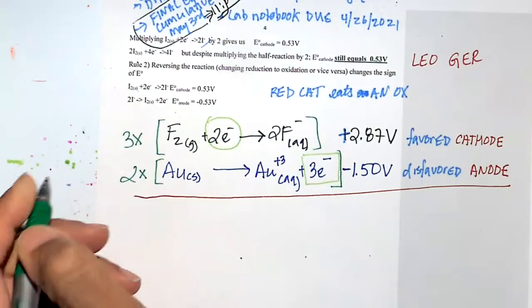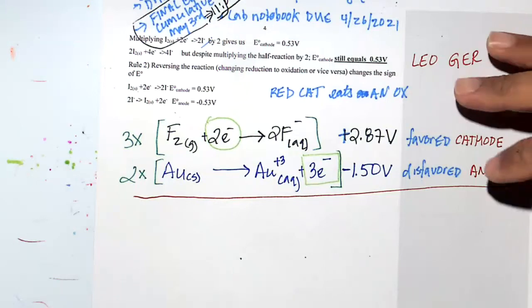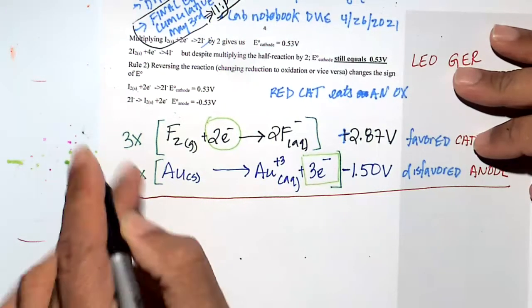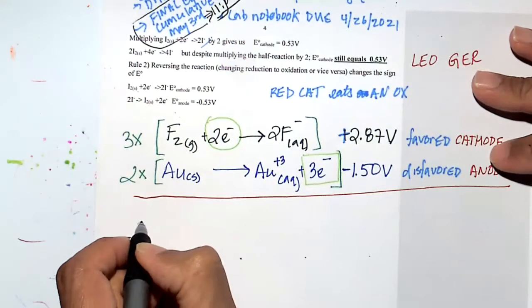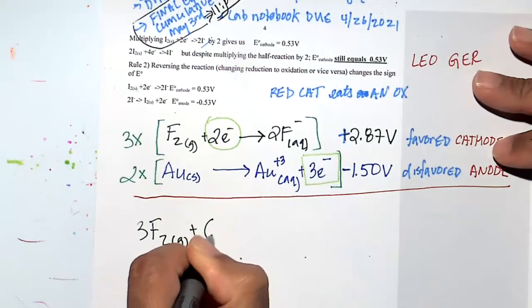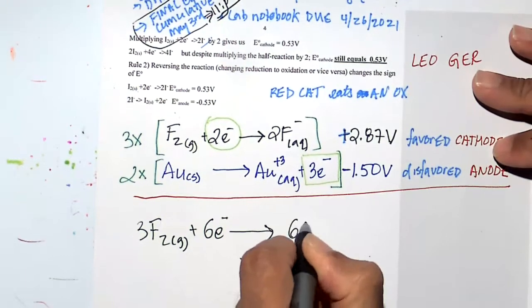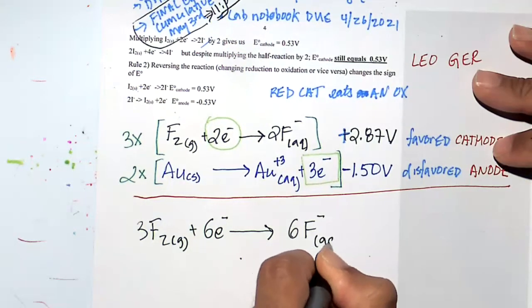Everyone see that? This is what you'll have to do on an exam or on your homeworks. So let's rewrite this now: 3F2 gas plus 6e minus goes to 6F minus aqueous.